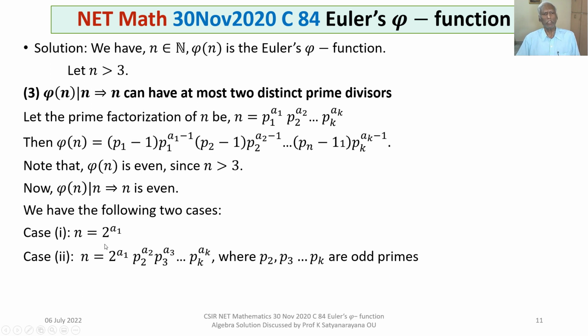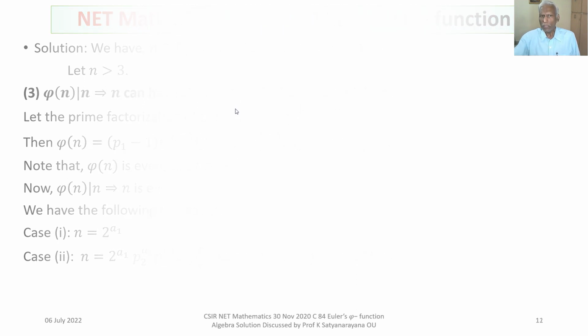These are the two possibilities. In the first case, n can have at most two distinct prime divisors is true, because there is only one prime divisor, 2. Case 2 we have to deal with, and we have to see whether this statement is true or not. Let's continue.